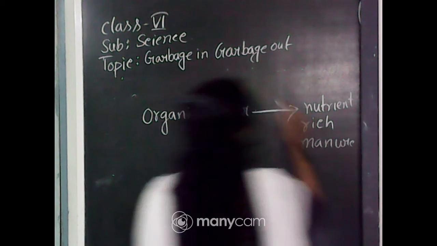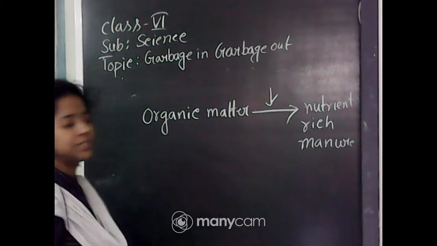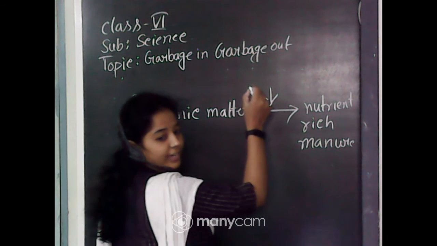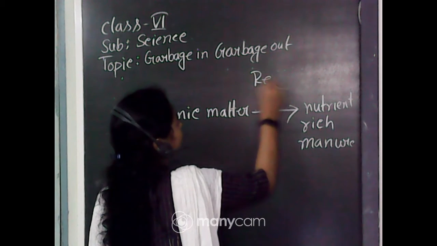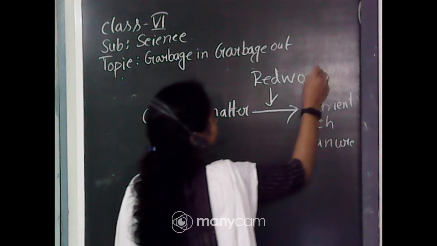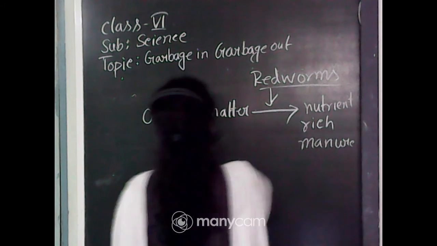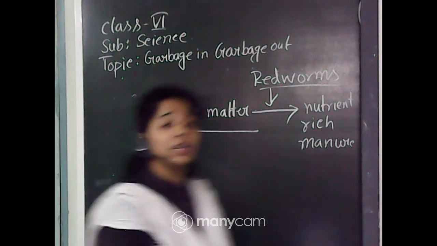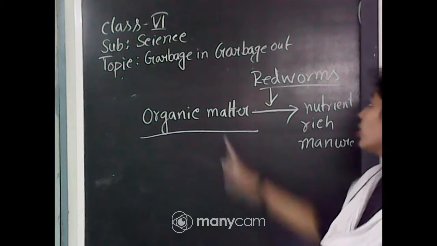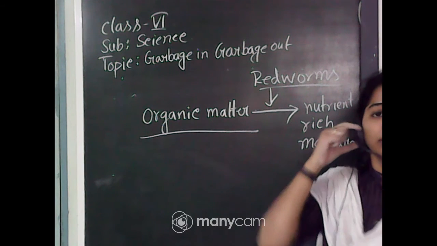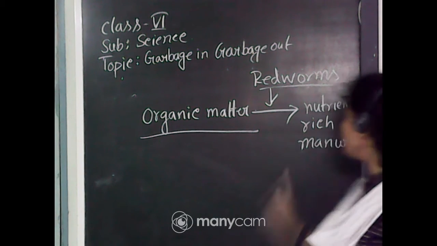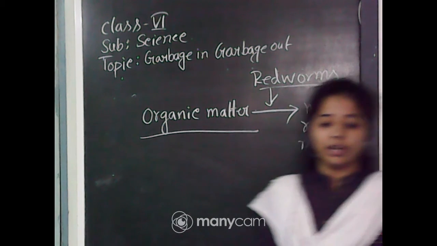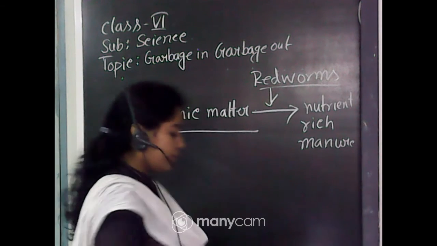That is done by whom? Redworms. So redworms convert this organic matter into nutrient rich manure. Now, how do they convert this organic matter from the biodegradable waste into such nutrient rich manure? Now we will see how.